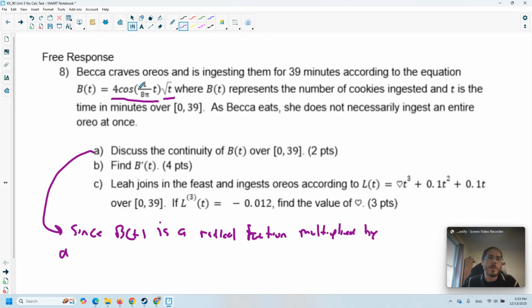I guess we'll do the radical first. Over 0 to 39, it is always continuous.